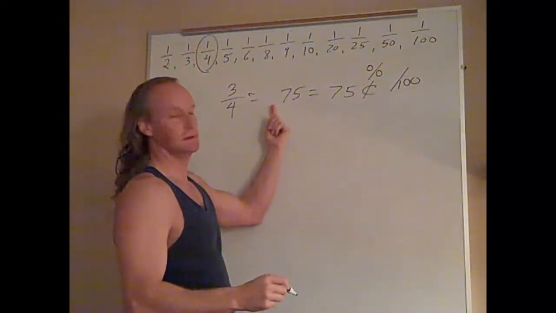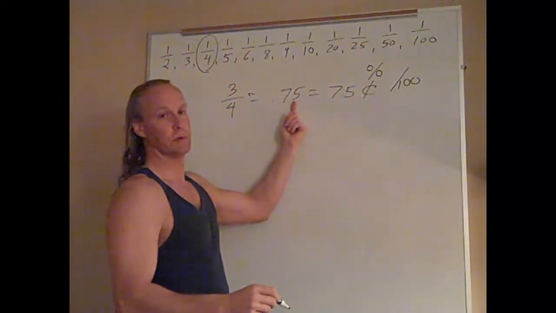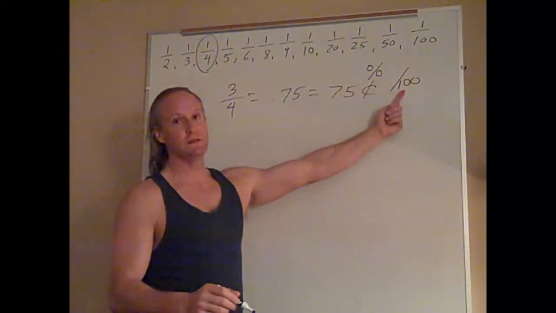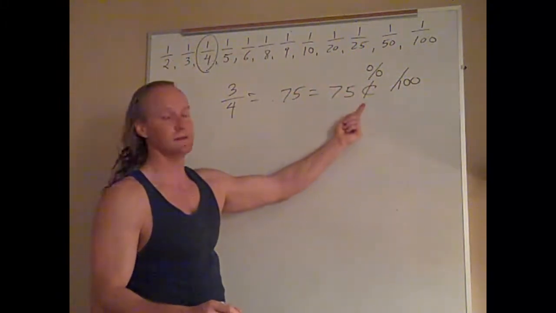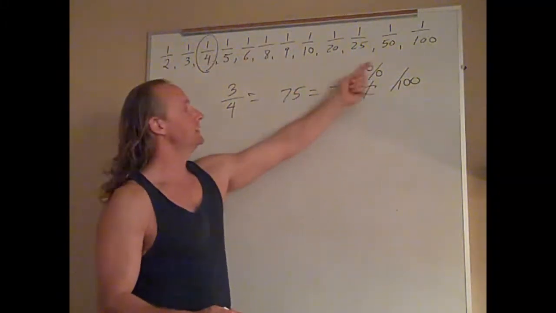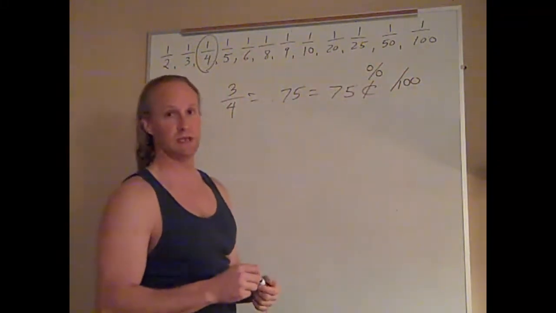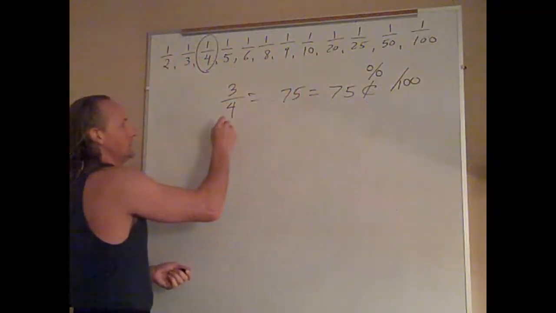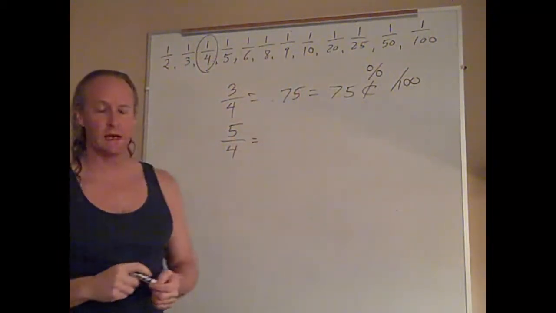If we read the decimal properly, we read it as 75 hundredths. This is also 75 hundredths. This is 75 hundredths. All of these three symbols are mathematically equivalent. You can interchange them.